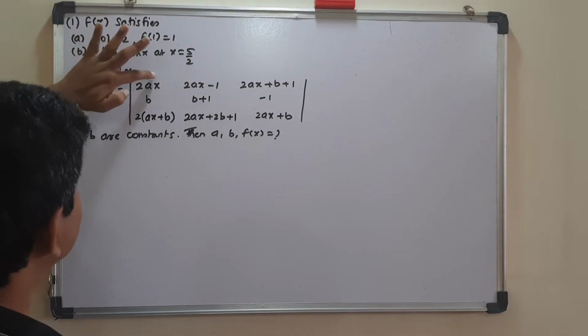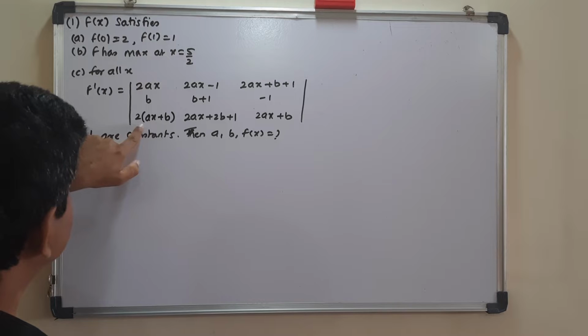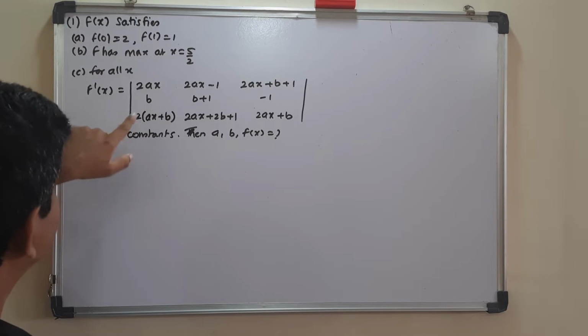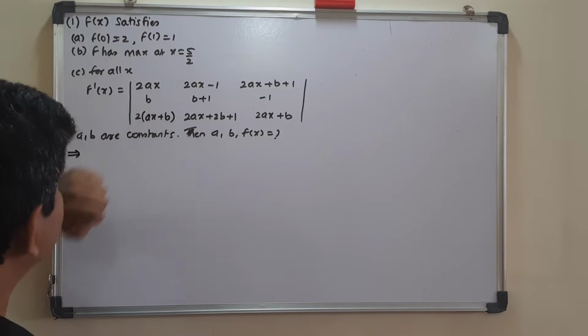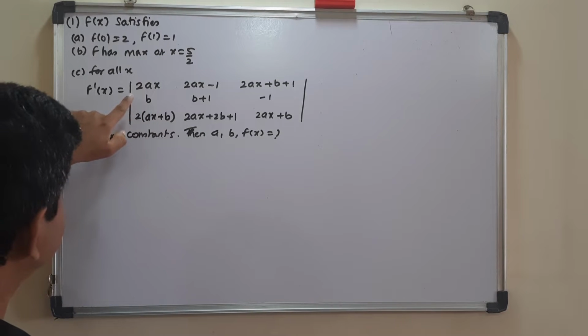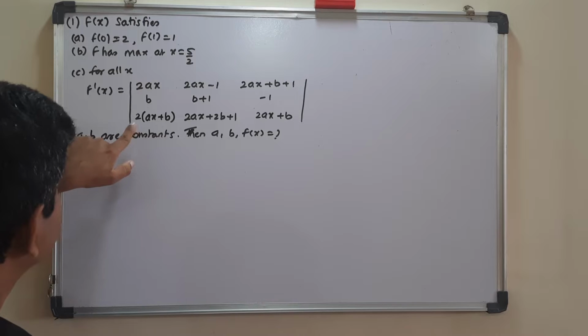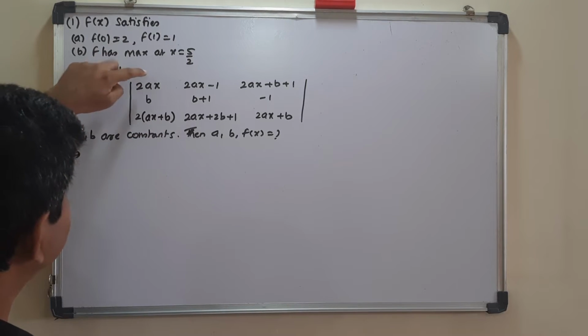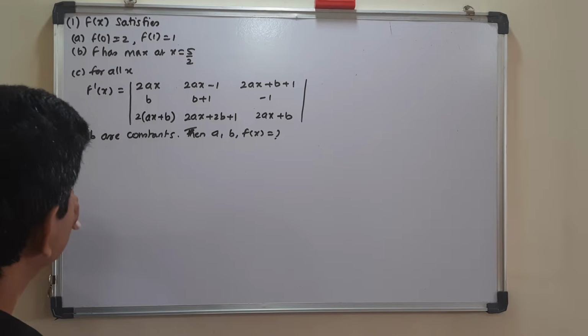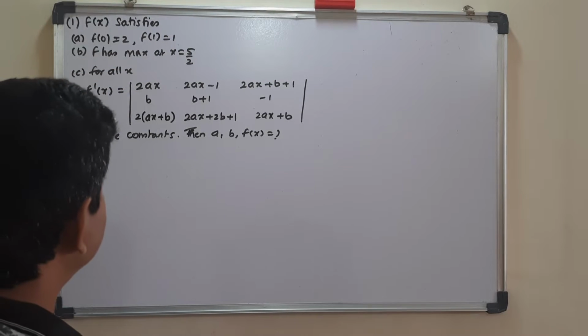So this is 2ax, right? This is also 2ax, right? And here it is b, and I require here 2b. That means this is 2ax, then 2ax plus 2b. From that, if I subtract this and this, I may get 0 over here.